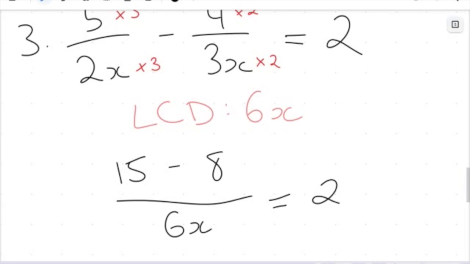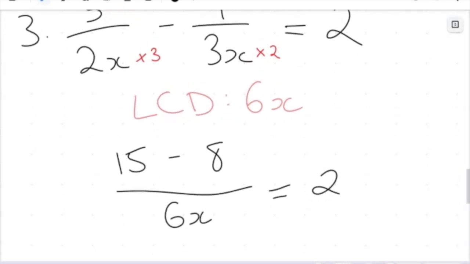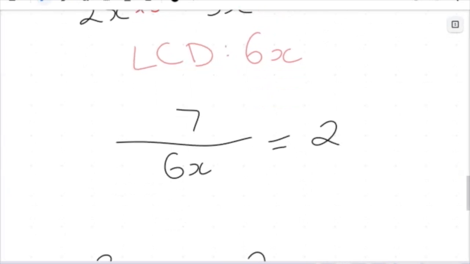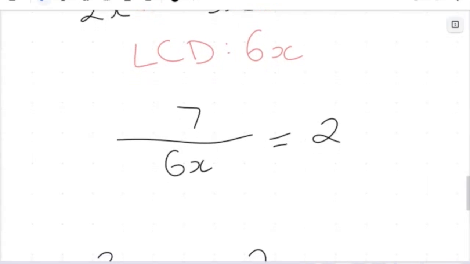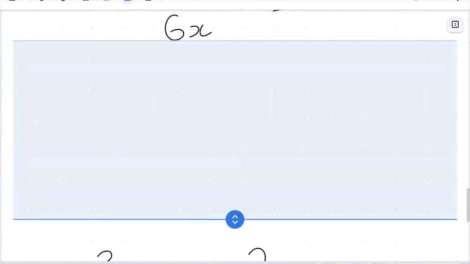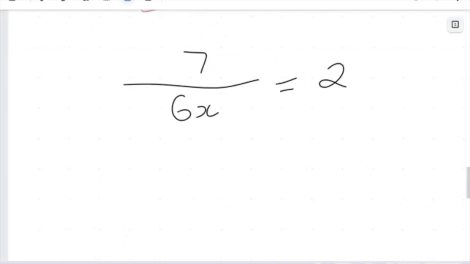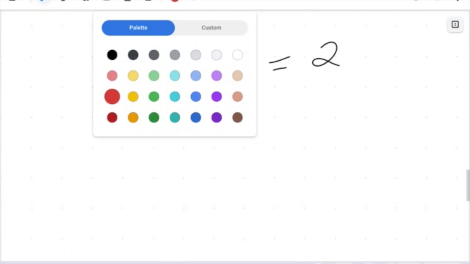That equals 2. And then 15 minus 8, well, I know what that is. That's going to be 7. So let me rewrite that as 7. And now I just want to solve the equation. So I want to get 6x on its own. So what I'm going to do is I can multiply it over to the other side.